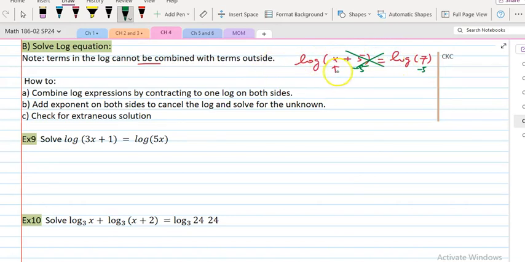You can cancel a log by using an exponent, which is the inverse function, because inverse means you can cancel it. The inverse and exponent cancel each other. But you can only do it when you have one log on one side and one log on the other side. Another thing you cannot do would be log x and then log x plus 1 is equal to log 7.